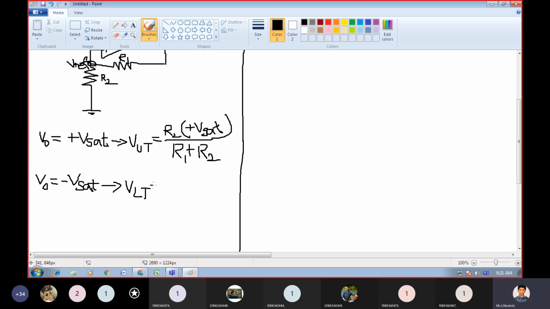Lower threshold voltage VLT is equal to R2 into minus V saturation divided by R1 plus R2.